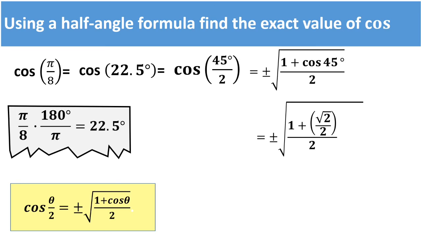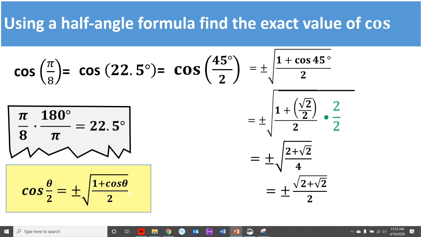To simplify, multiply the numerator and denominator by 2. If we distribute 2 through the numerator and the denominator, we get the square root of a fraction is the same as the square root of the numerator over the square root of the denominator, which gives us this.